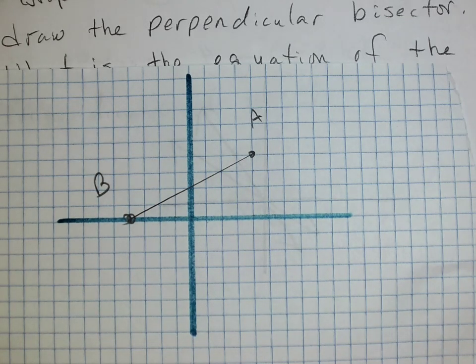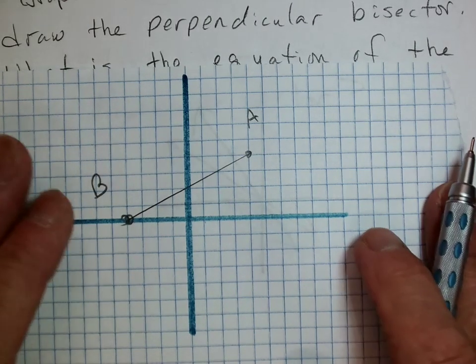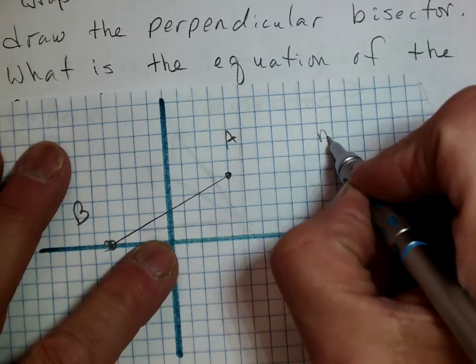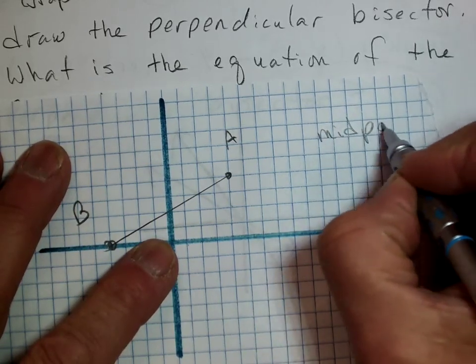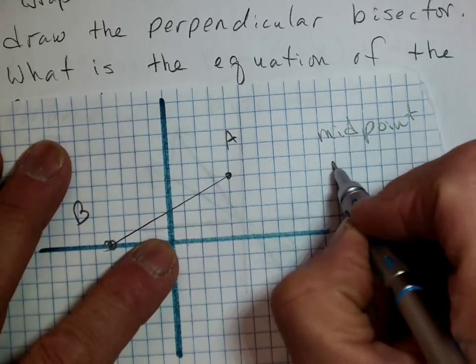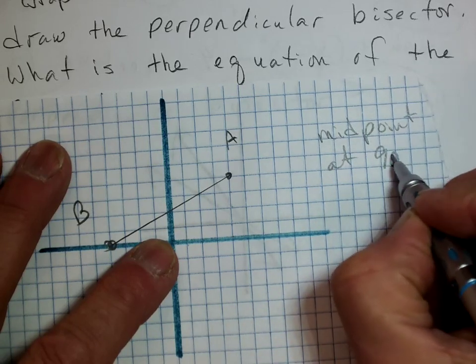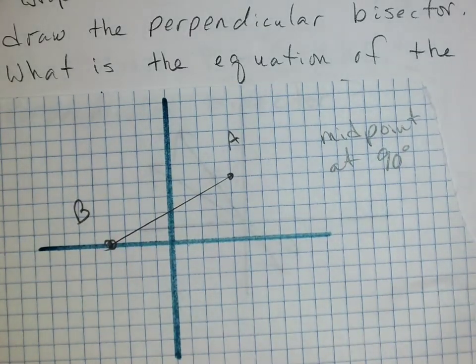Now, to be a perpendicular bisector, it's got to go through the middle. So we've got to find the midpoint and at 90 degrees. So let's find the midpoint first.